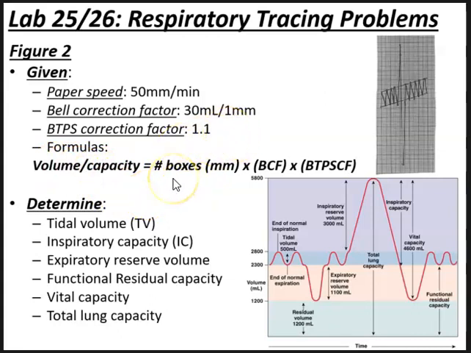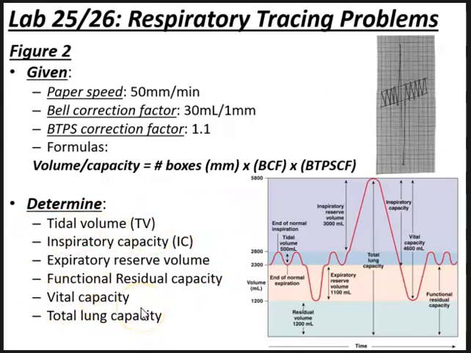We counted 130 millimeters from the bottom to the top of the peak. And then, again, placing the Bell correction factor of 30 milliliters per 1 millimeter, and then the BTPS correction factor of 1.1.